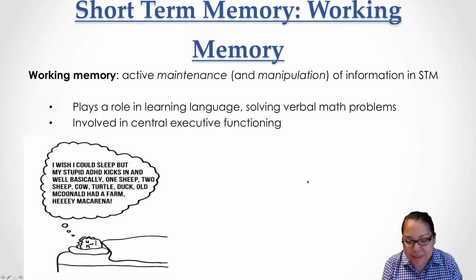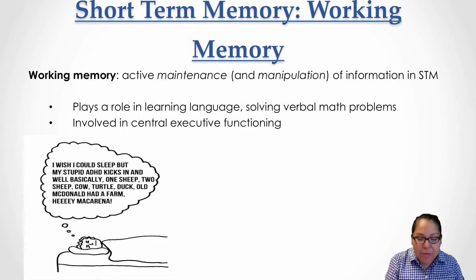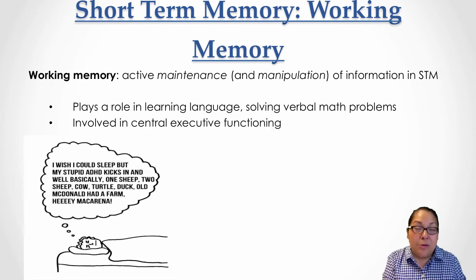Here, when we're actively attempting to rehearse information or actively using information from our memory, we're using our working memory. Working memory is essentially a structure that makes up our short-term memory.